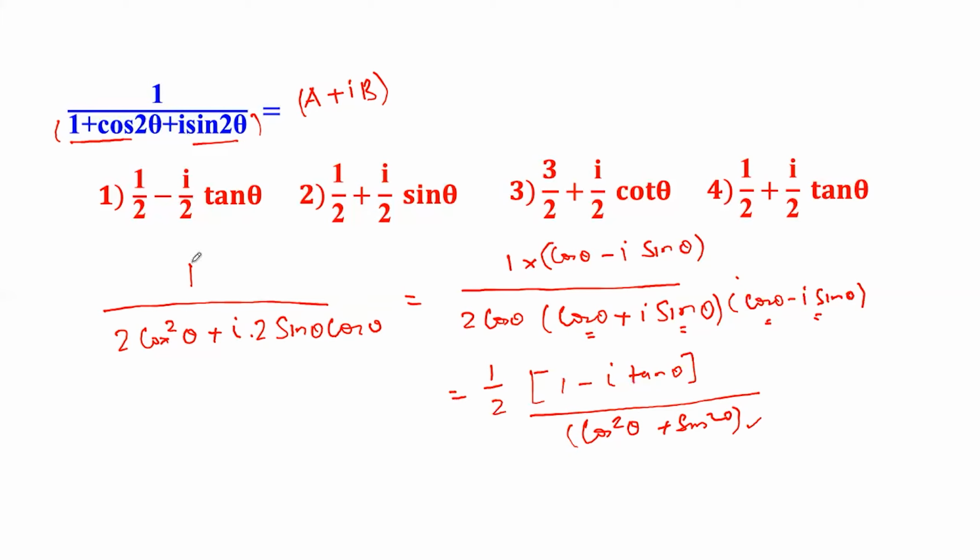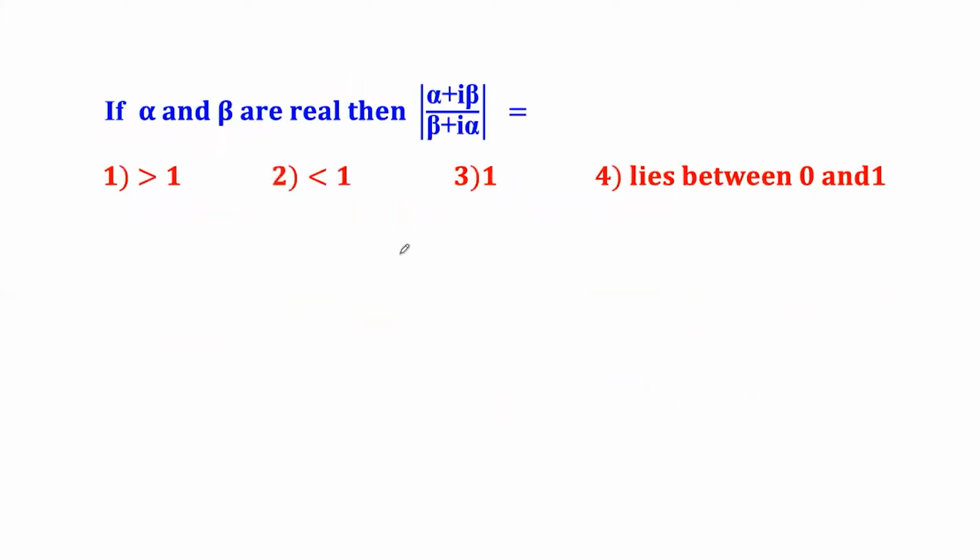So you get a simple answer. When we have to write any denominator in the form of a plus ib, the conjugate will give you the best way to do it, right?